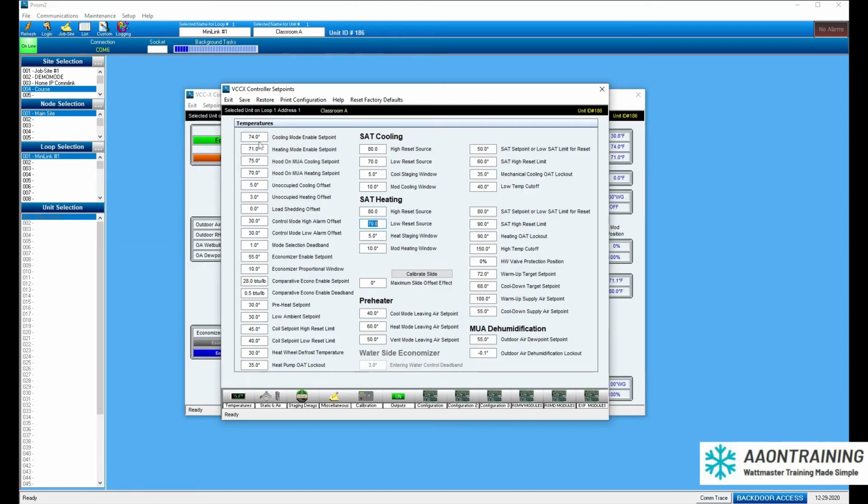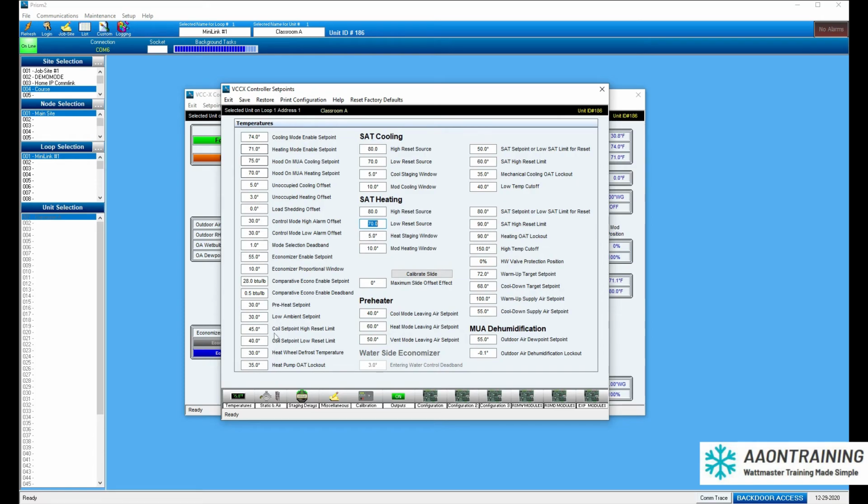For dehumidification mode, that depends on two different things based on whether you're in constant volume mode or whether you're in makeup air mode. So if you're in makeup air mode, you'd be using these makeup air dew point calculations down here. So all you do is you adjust those down here, and we'll be talking about that in a later video.